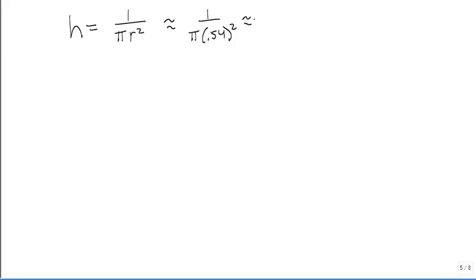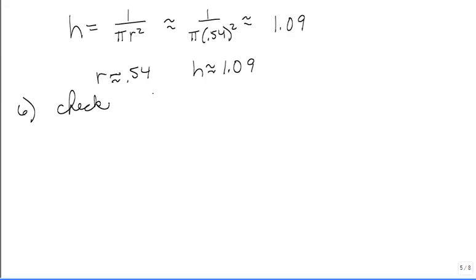Okay, what's that? Okay, so my radius and my height, approximately those. Now we need to check it.